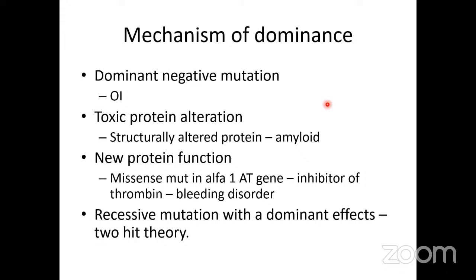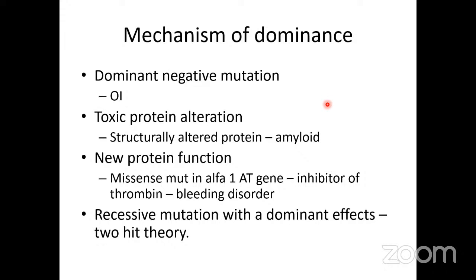If one of the fibers is abnormal, then the coiling is not adequate and the strength is not adequate. So though it is a recessive, it acts like a dominant because of the abnormal structure of one fiber. The whole structure is abnormal now. So it's called dominant negative mutation.